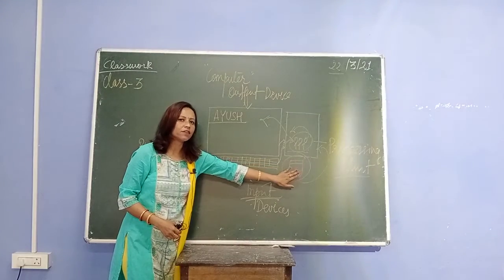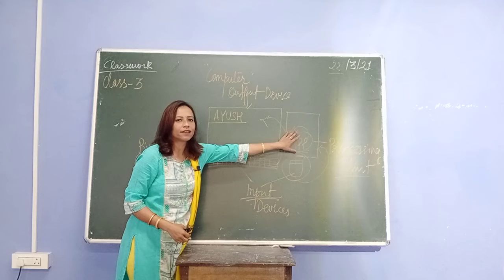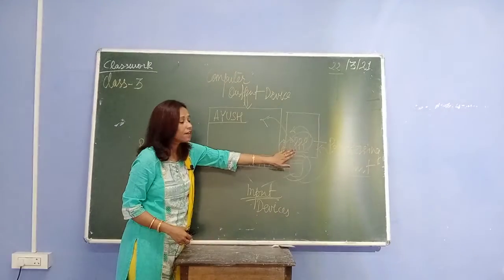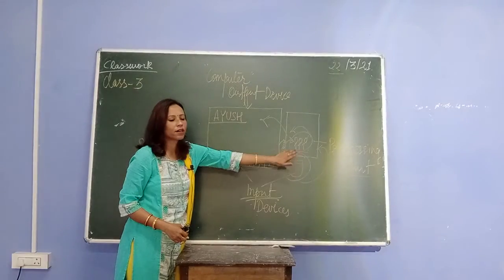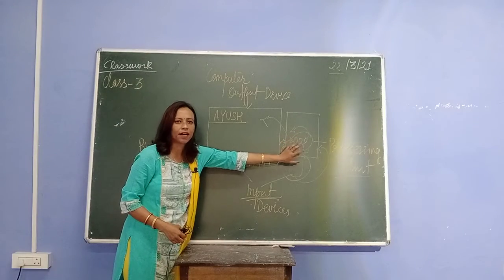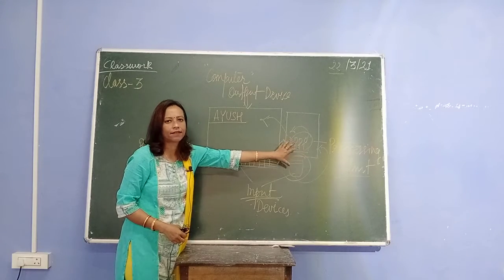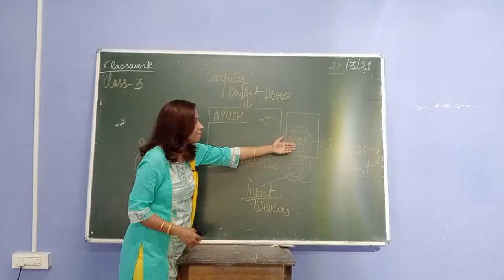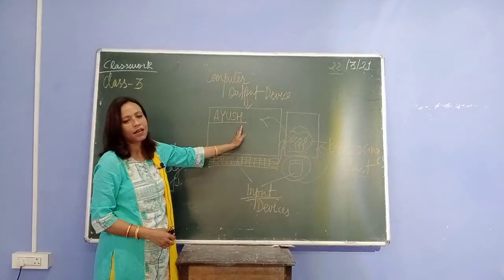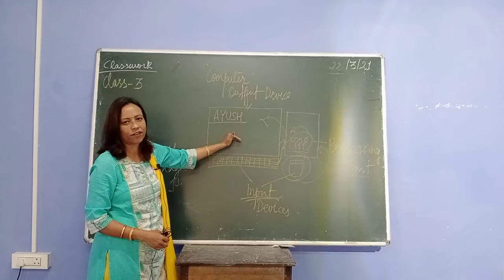Okay, whatever color you choose, this color is all selected inside the CPU first. As your mouse is also connected with your CPU box, first your command to color, to draw will go inside the CPU box. All the commands will be accepted in binary language first, then it will convert into your language and it will be shown on the monitor as your language.